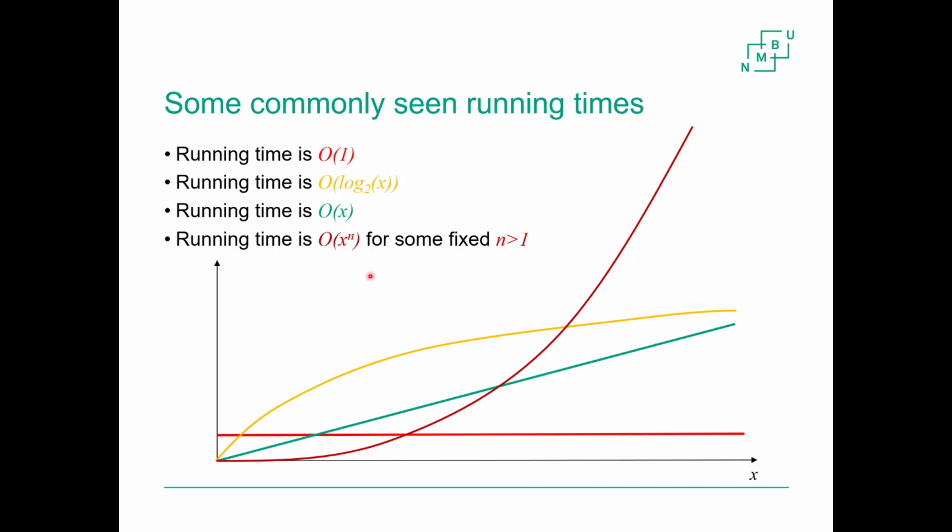And then you have the really, really horrible problems in this world, and those grow faster than polynomial. And there are lots of them. And those we call the non-polynomial running time problems, NP problems. And the NP complete or NP hard problems, they are actually in principle unsolvable by computers.